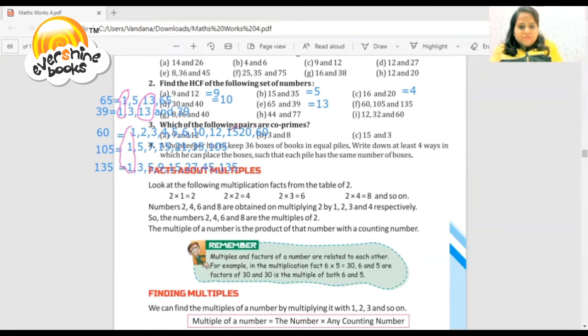So just write your answer 15 as a common factor. Okay, highest common factor number is 15.